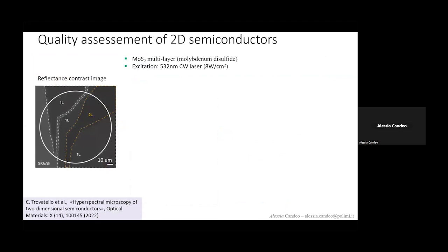Lastly, I would like to mention that we can also assess the quality of 2D semiconductors. For example, here we studied molybdenum disulfide (MoS2) samples. We were provided with samples of monolayers and bilayers of MoS2. And already from the reflectance image, it is possible to observe that there are monolayers and multilayers, just by looking at the contrast of this reflectance image.